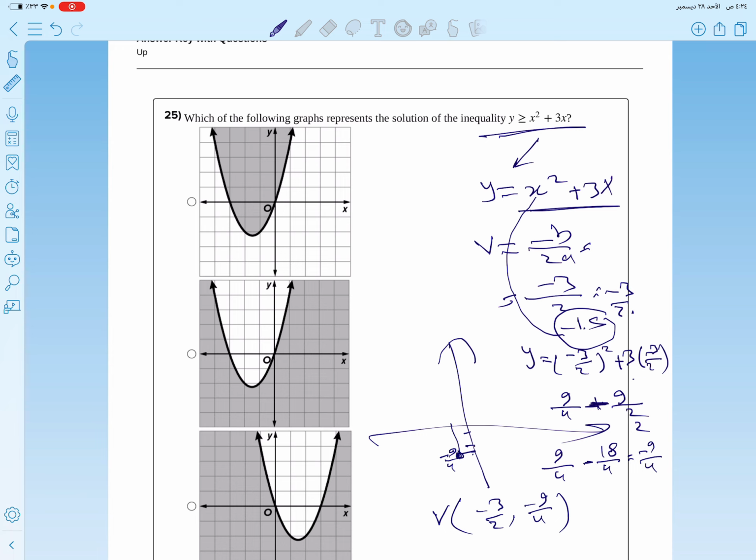And we have the y-intercept at 0, 0. If you want to draw it, the parabola passes through 0, 0. We have 1.5 here, so we can go to 1.5.